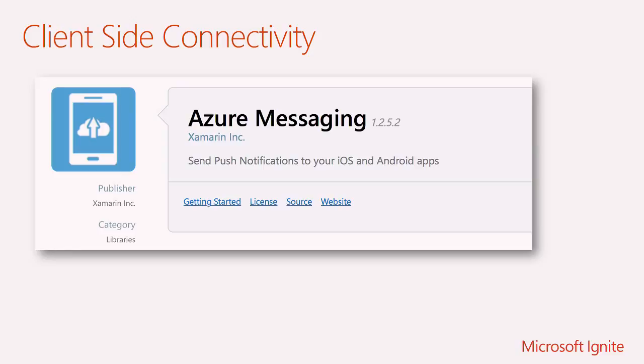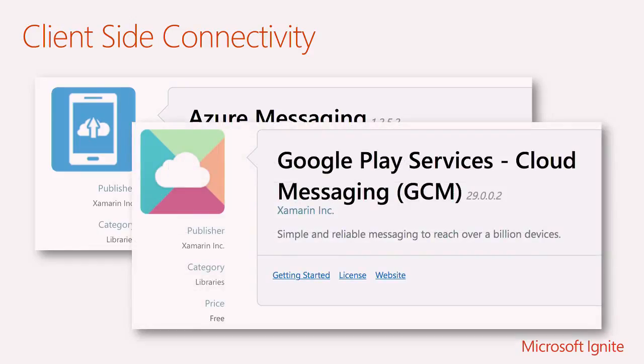And on Android, you need to set up a new service that receives those notifications and then informs your application that you've received a notification. On the Google side as well, you will need the Google Play Services cloud messaging. And even more recently, only over the last few days, the Xamarin team have updated the docs to provide some information about the Firebase messaging from Google, which is the replacement of GCM.